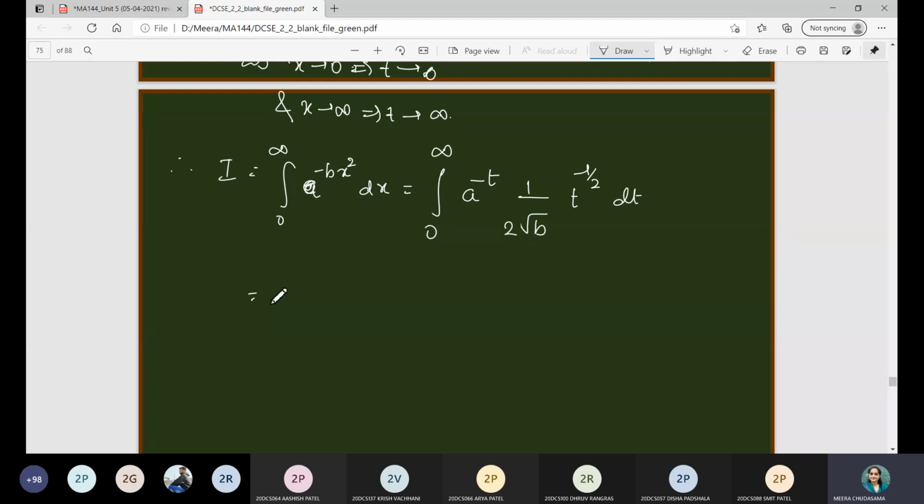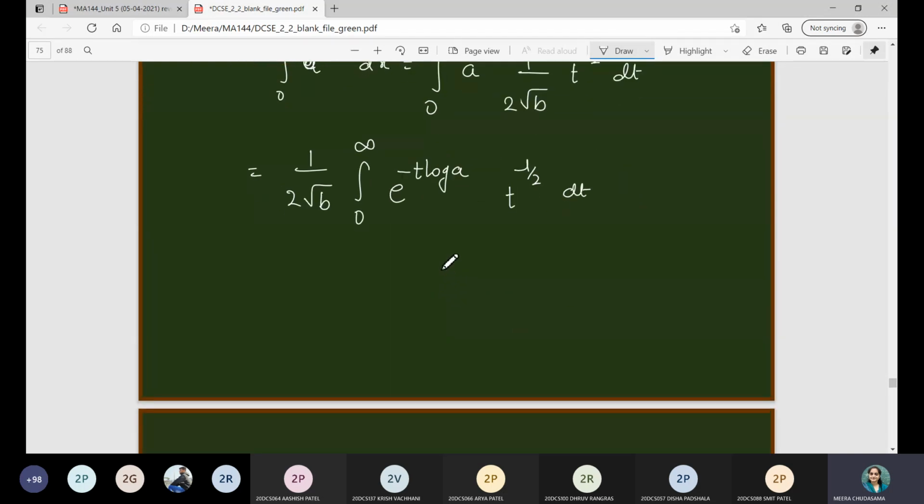So we can take 1 upon 2 root b outside of the integral 0 to infinity. a raised to minus t you can write in the form of exponential. So how will you write it? e raised to minus t log a into t raised to minus 1 by 2 dt. So now you can see that this can be easily converted in terms of the gamma function by considering the specific value to this variable.